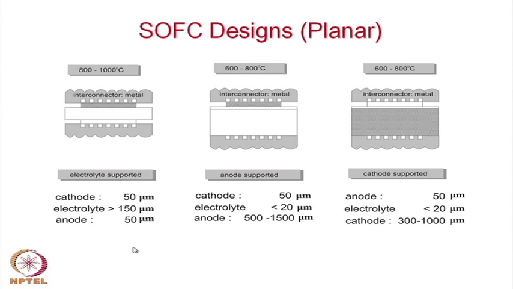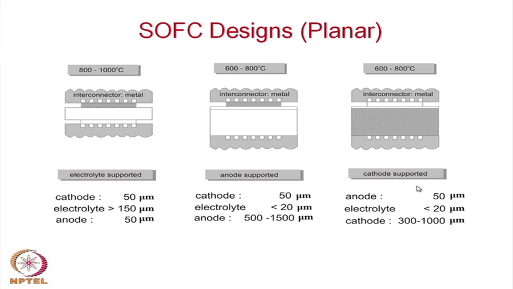These are the different designs so far as the planar designs are concerned. One can say this is an interconnect. Before that, this is electrolyte supported, anode supported and cathode supported.